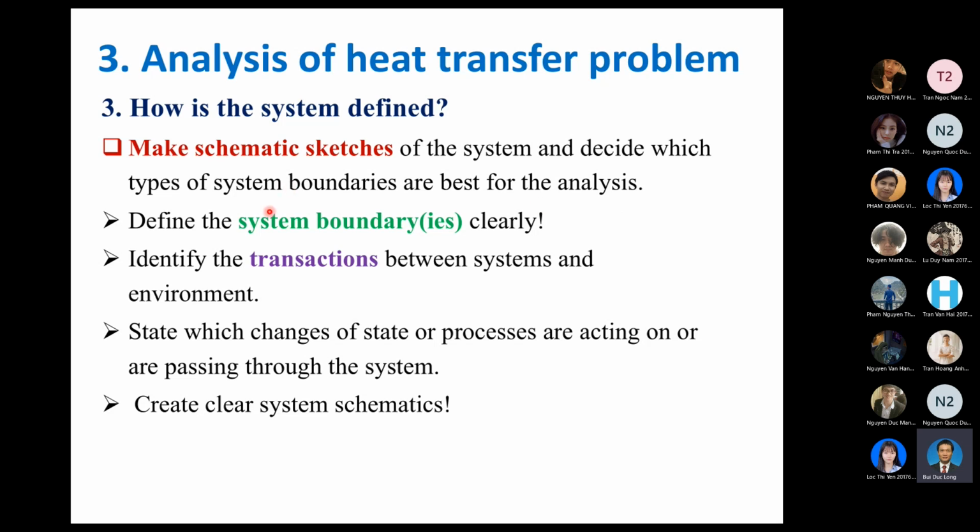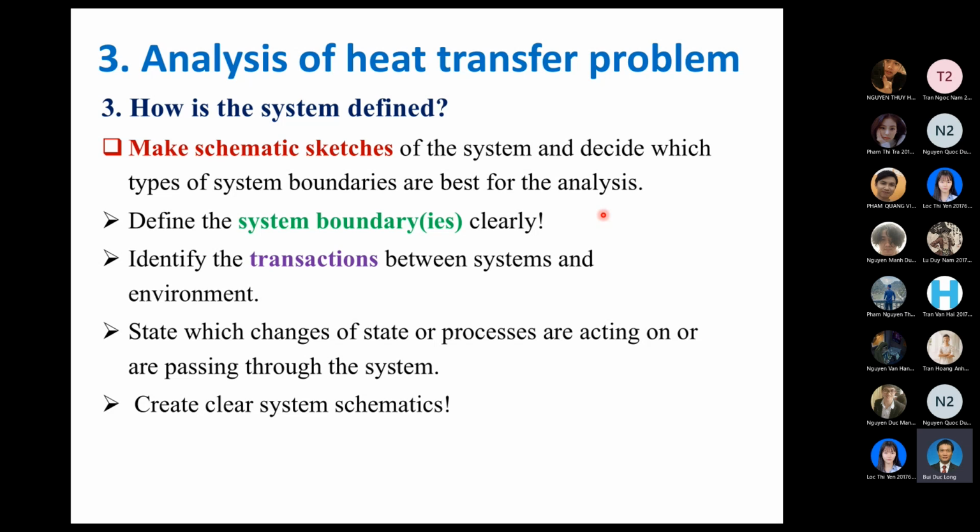Define the system boundary clearly, because some problems you have to simplify. You have to have some boundary conditions to solve the equation.